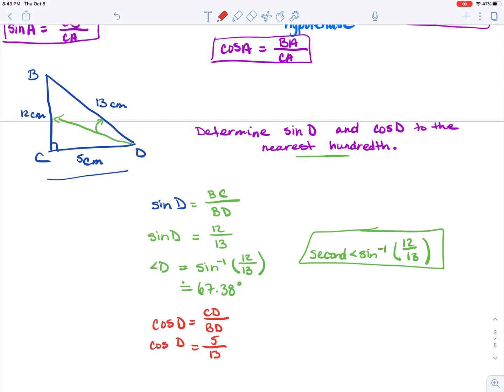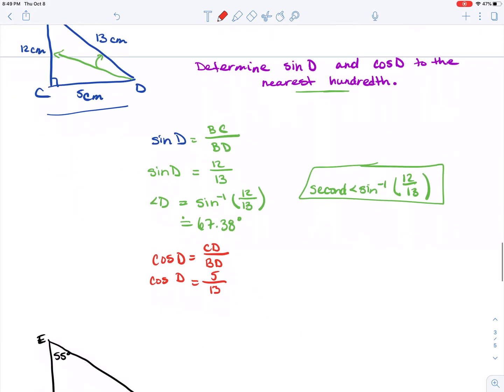And that equals cos D. Now again, I need to isolate and solve for angle D. So in your calculator, it's going to be cos inverse of 5 divided by 13. And you should get angle D as approximately 67.38 degrees.